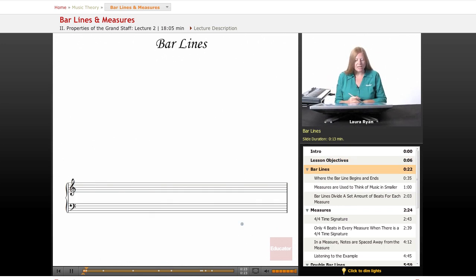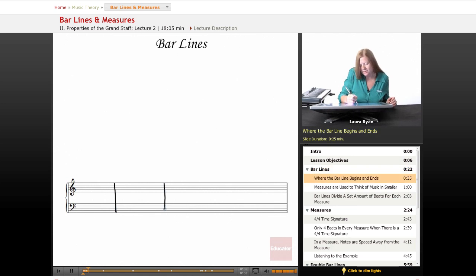Okay, so bar lines are exactly what the word is, a line that separates bars. So this is a bar or a measure, but I want to talk more about where the bar line begins and ends. It begins at the very top of the top staff and goes down. So if you're not really familiar with looking at music, and you remember seeing everything divided up into squares, that's all it is.